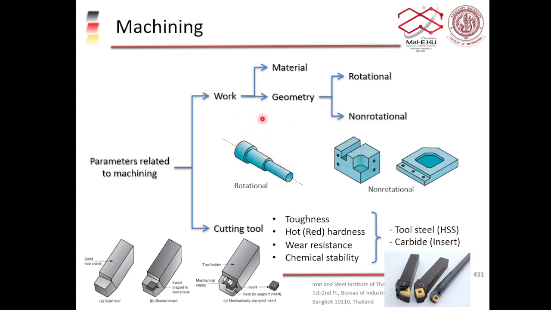And for the cutting tool, the characteristic property of the cutting tool is that you need good toughness, you need hot hardness or red hardness, you need good wear resistance, chemically stable, right? So usually we choose tool steels like high-speed steel and also carbide insert.